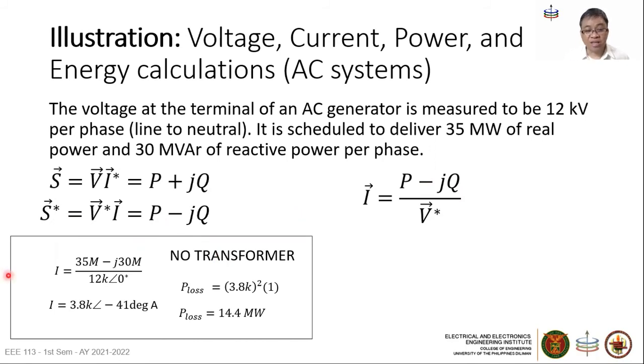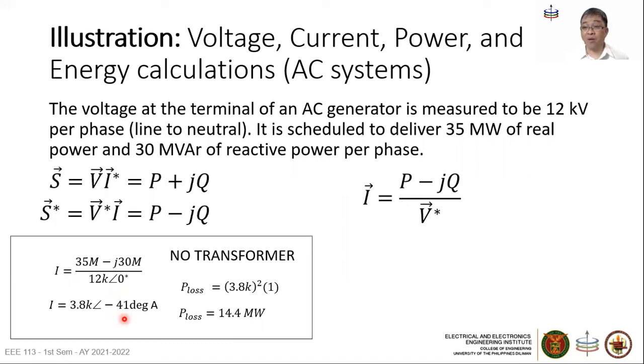So the current is 35 megawatts minus j30 megavar divided by 12 kilovolts. Again, we assume our voltage to be our reference, at an angle 0. The current turns out to be 3.8 kiloamperes, angle minus 41 degrees.